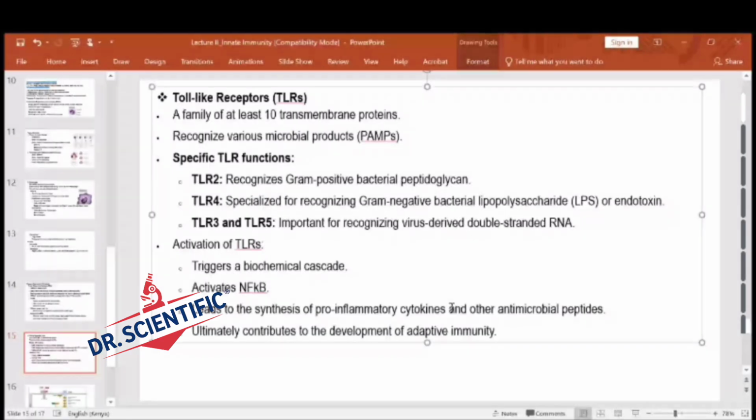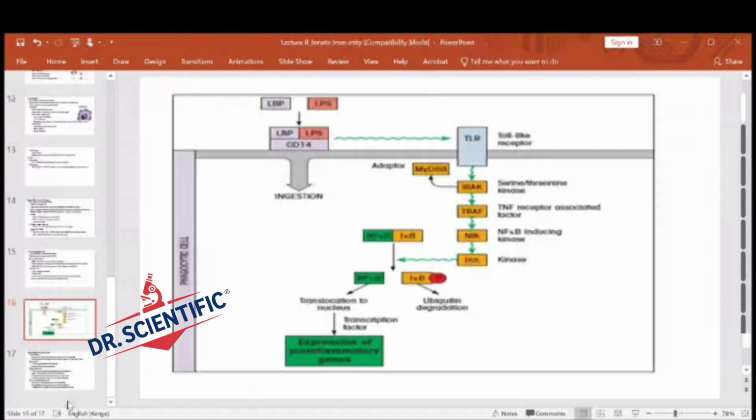The moment cytokines have been generated, the adaptive immune system is alerted that there is a foreign invader here, and you're probably not going to deal with it completely. Adaptive immune system, can you come into play? This is exactly what is happening here.